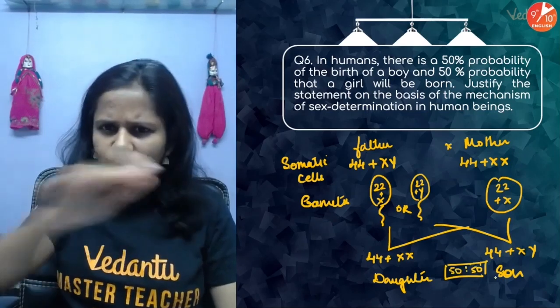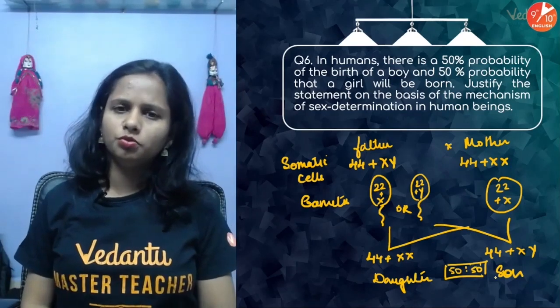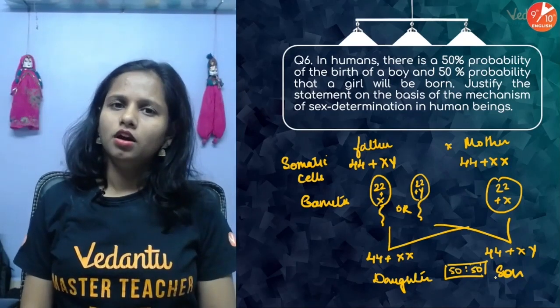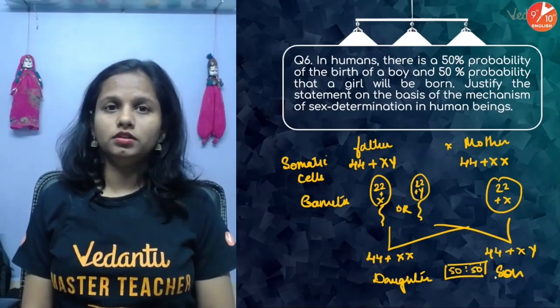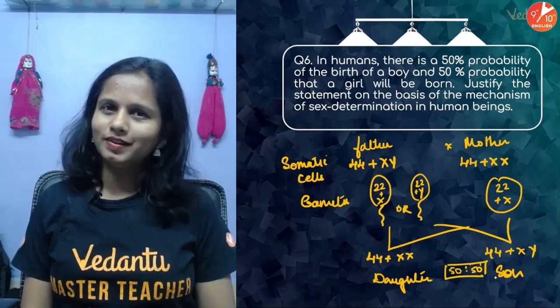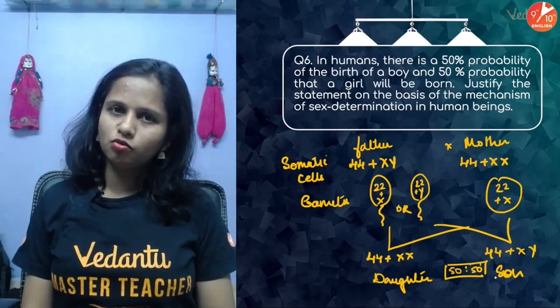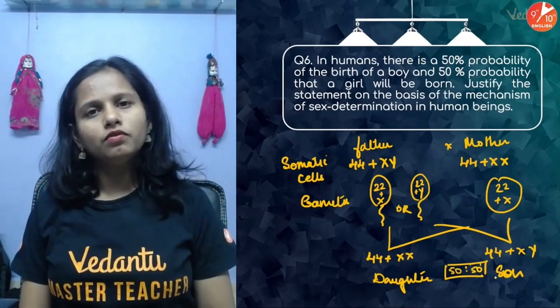Therefore the possibility is always 50-50. Draw the schematic representation, and at the end please mention that in the male body there are two types of sex chromosomes, X and Y respectively. So two types of gametes are formed, sperms carrying X chromosome and sperms carrying Y chromosome.